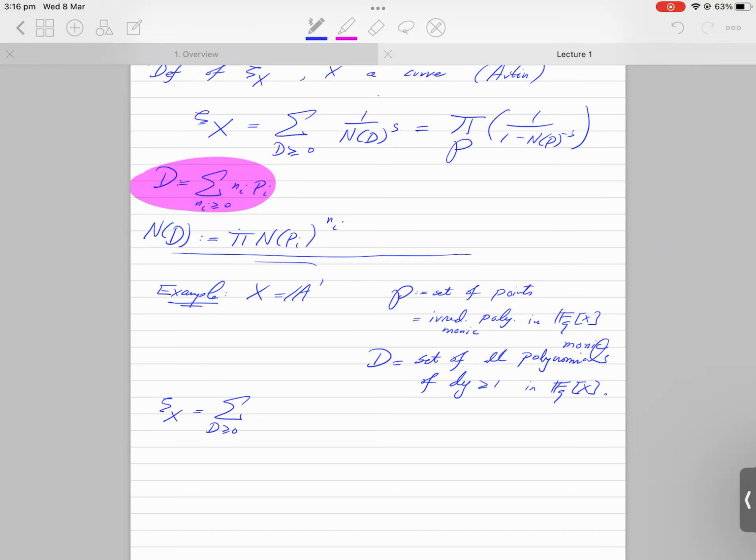All right, so we have to do this sum. Let's just do it. How many degree d polynomials do we have? Well, it's monic, right? But then you have d coefficients, and they could be whatever you want. So there are q to the d polynomials of degree d.